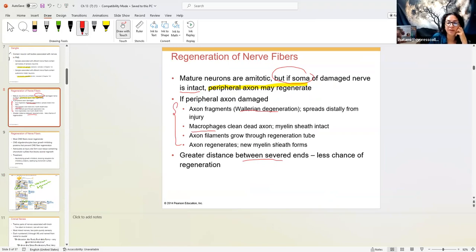After that, with the help of the Schwann cells, the regeneration tube is made. So make sure you remember these two cells are so important for the regeneration of nerve fibers in the peripheral nervous system, the macrophages and Schwann cells. Then the axon grows inside this regeneration tube made by Schwann cells, and the Schwann cells make the new myelin sheath.